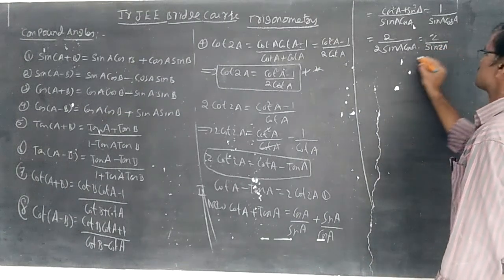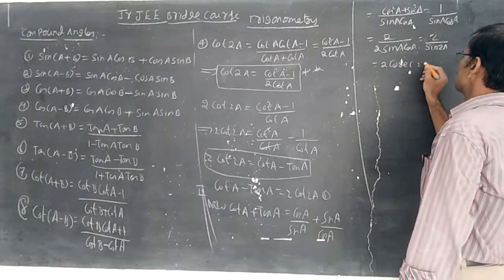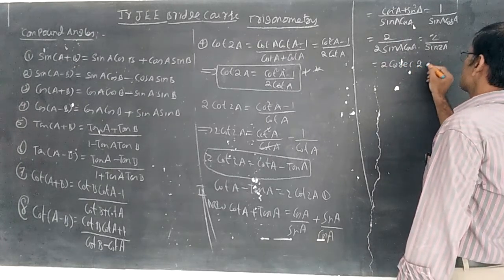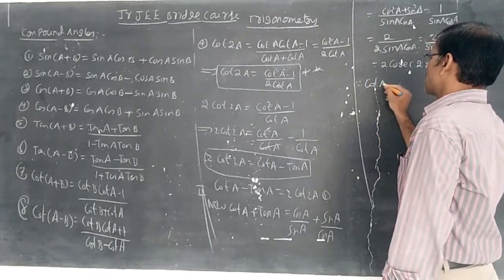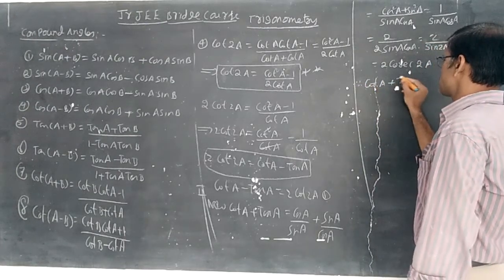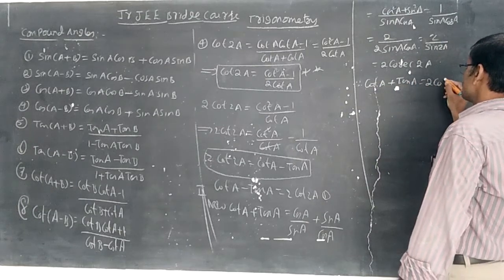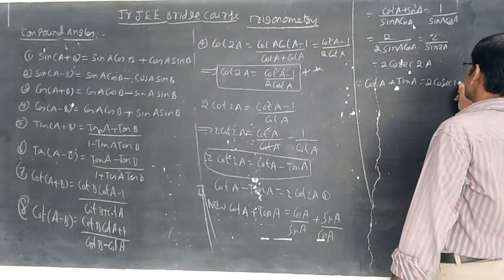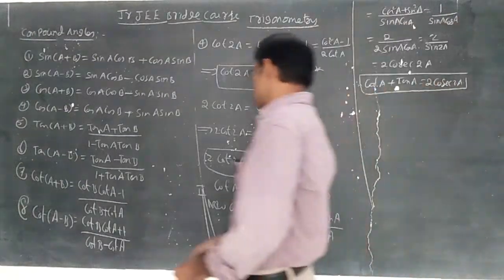So 2 by sin 2a is equal to 2 cosec 2a. Therefore, another formula: cot a plus tan a is equal to 2 cosec 2a.